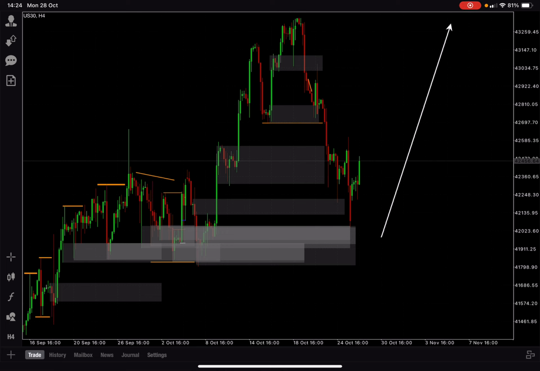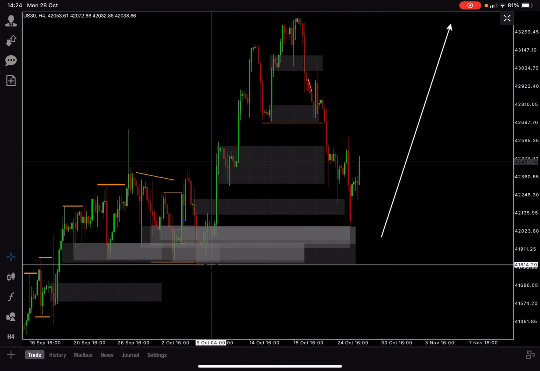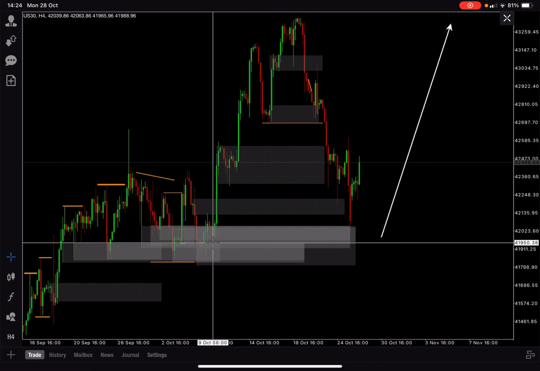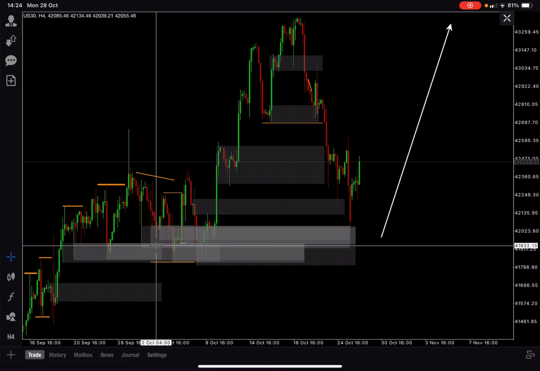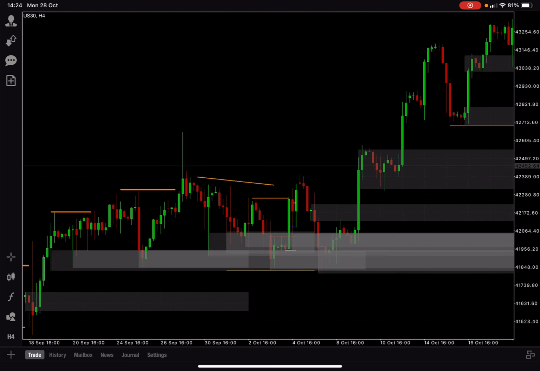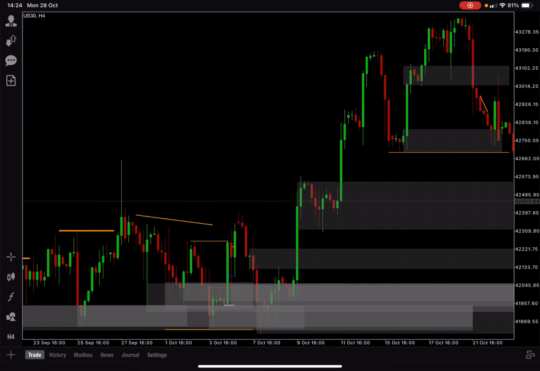So a little quick understanding of the strategy. The main thing to focus on is these grey areas. I'm not going to go too in depth into other parts of the concept, but we're just going to focus on the grey areas to give you a bit of understanding on this forecast for US30. So these grey areas are discount buy areas.